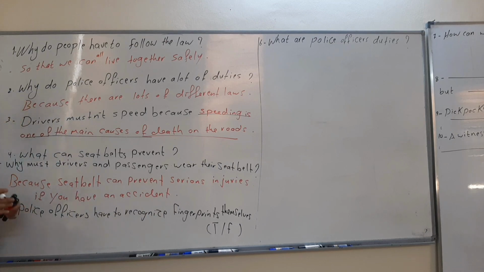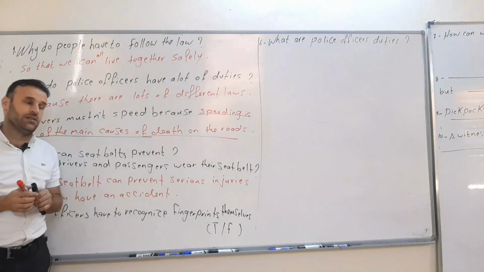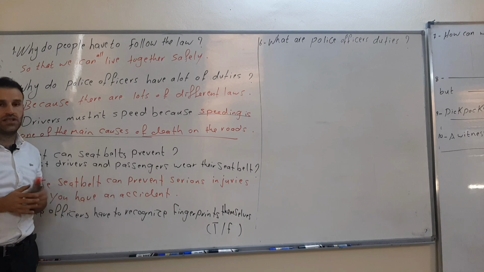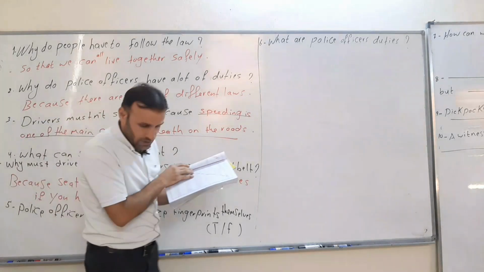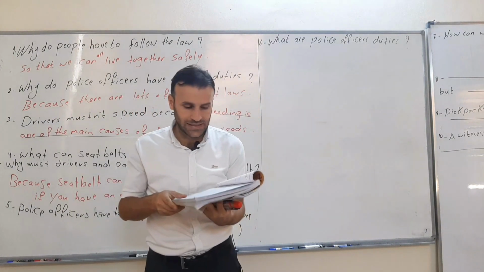In case you have an accident, so remember, seatbelts can prevent serious injuries. So this is everything about the first passage. We have just 4 questions. So let's keep on.